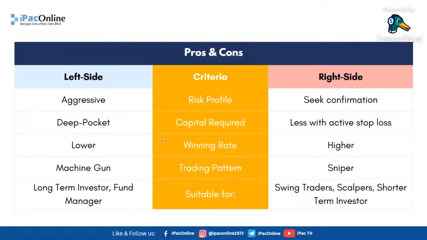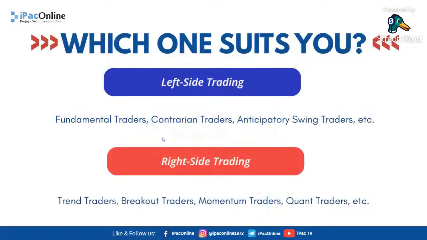So the capital required is actually lesser, because they will get in and out quite actively. And the risk is actually lower, with the confirmations. These are the two major differences between these two trading styles.